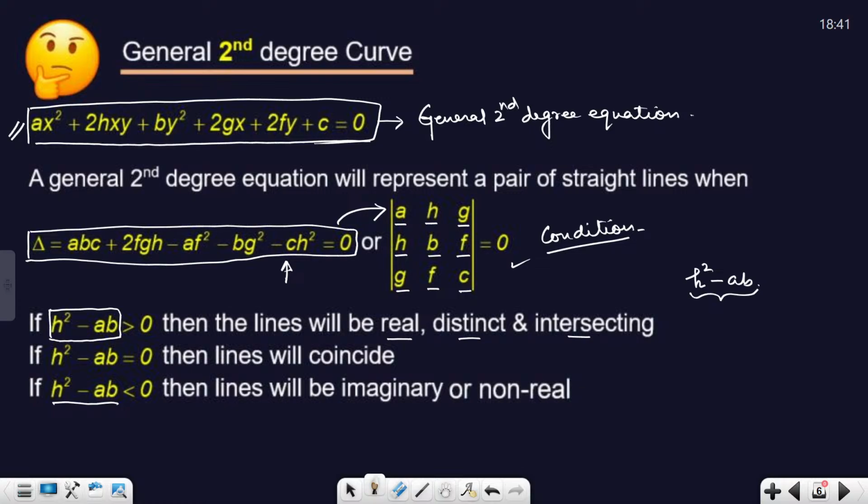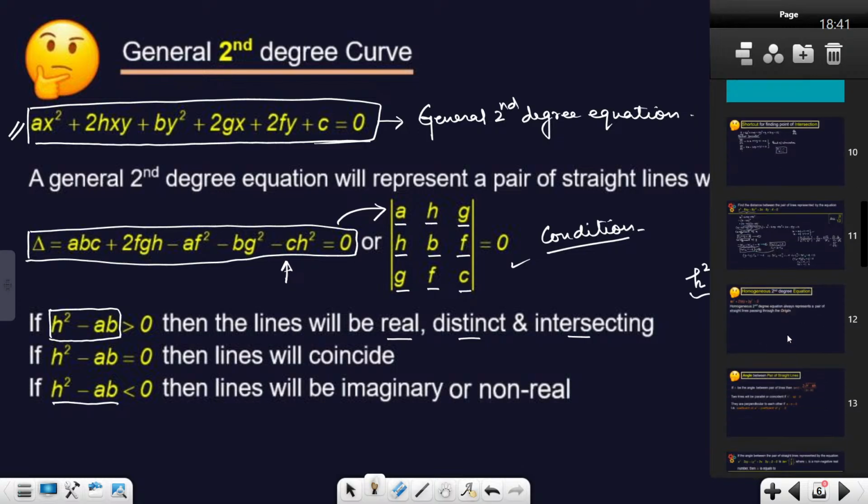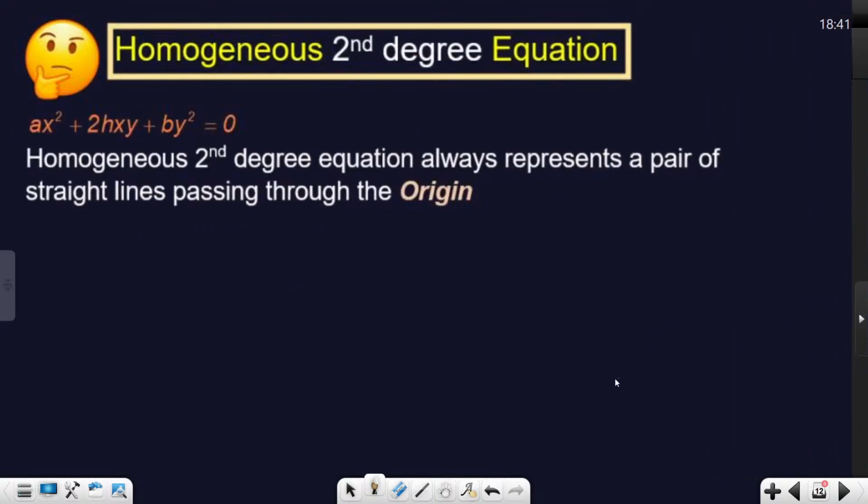What do you mean by a homogeneous equation? When you find that in the given equation, the exponents of the variables are all the same for all the terms given in the expression. Like here, the exponent of x is 2.